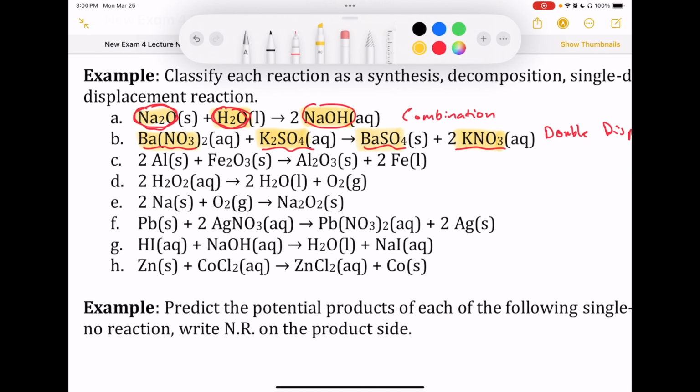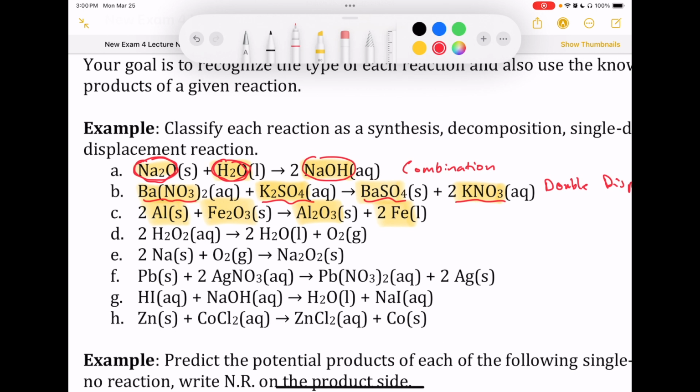Okay, let's take a look at, let's say, the third one right here, Al plus Fe2O3 forming Al2O3 plus Fe. That sure looks to me like single displacement, right? Element and an ionic compound makes an ionic compound and an element. So this one would be single displacement.